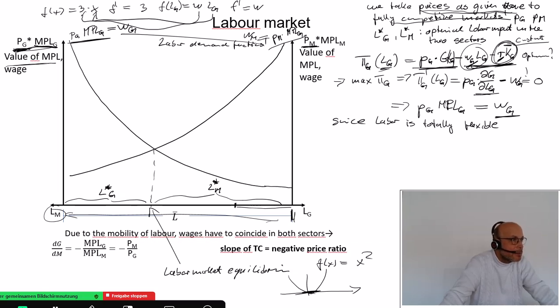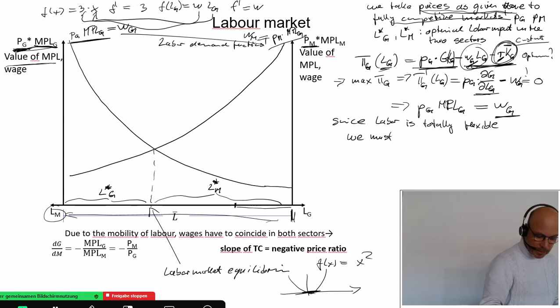So there won't be an equilibrium. So wages in both sectors have to coincide. Since labor is totally flexible, we must have W star the same as the wages in our two sectors.